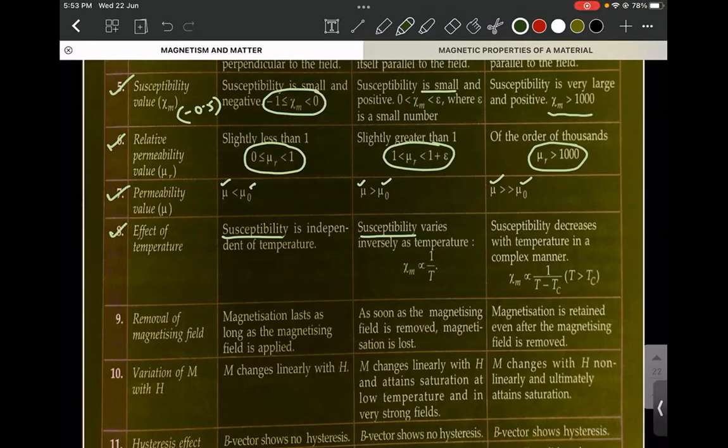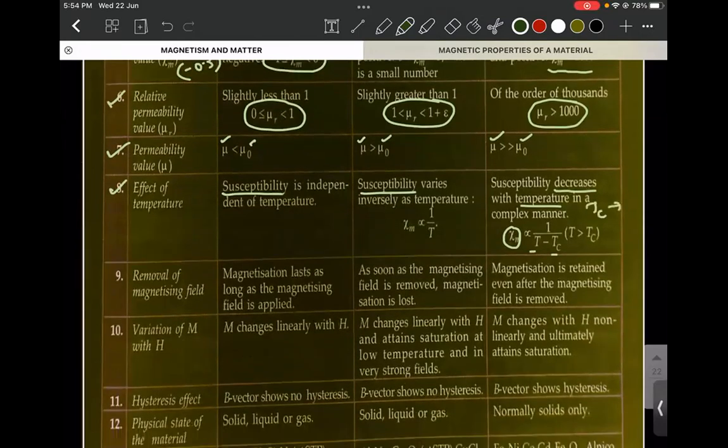In a similar way, the susceptibility of a ferromagnetic substance decreases with temperature, but in a complex manner, where the susceptibility is inversely proportional to T minus Tc, where Tc is called the Curie temperature.